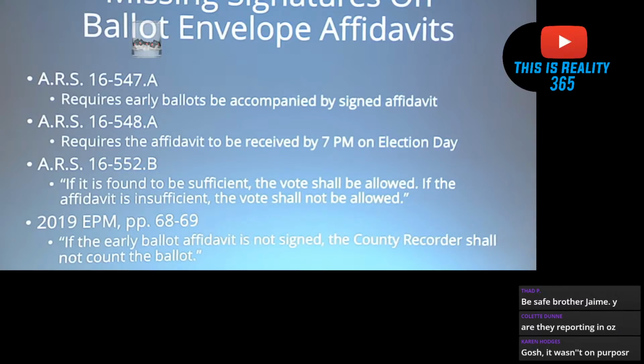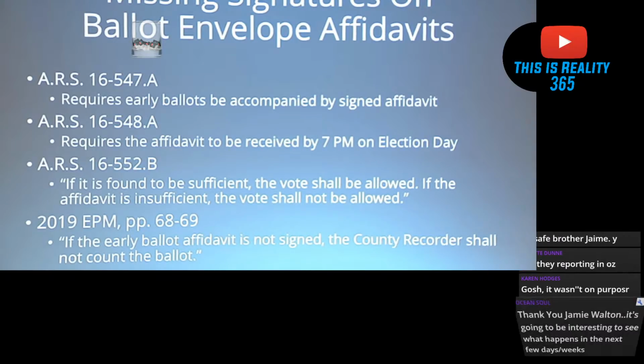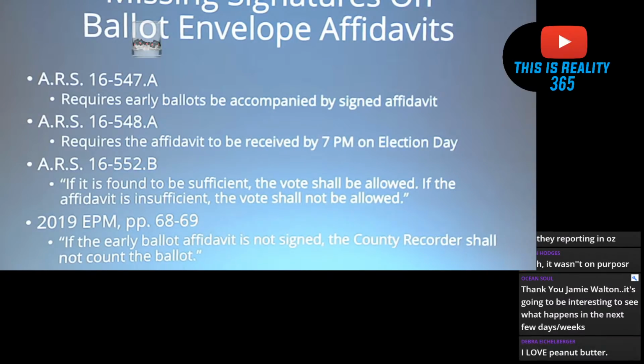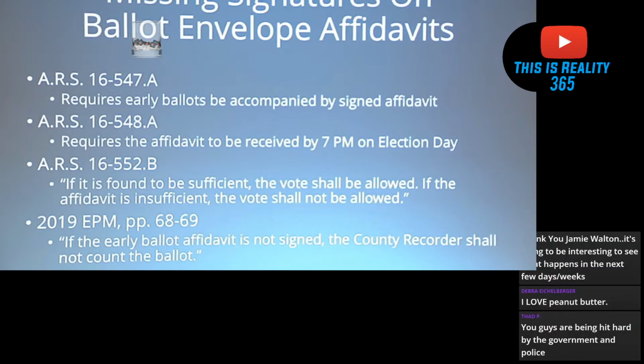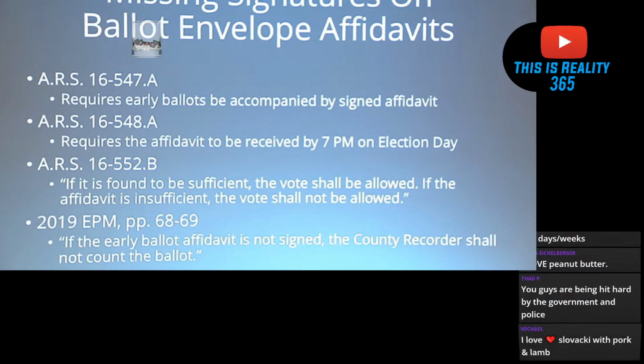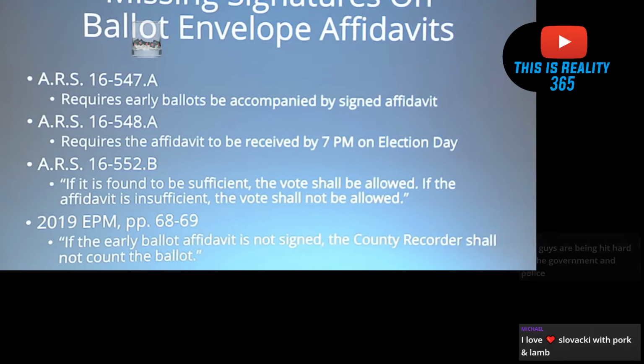but ARS 16-552 is very clear that the election board is to check the voter's affidavit and, quote, if it's found to be sufficient, the vote shall be allowed. If the affidavit is insufficient, the vote shall not be allowed. And equally prescriptive in the election procedures manual, if the early ballot affidavit is not signed, the county recorder shall not count the ballot.